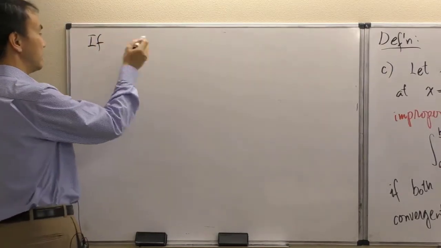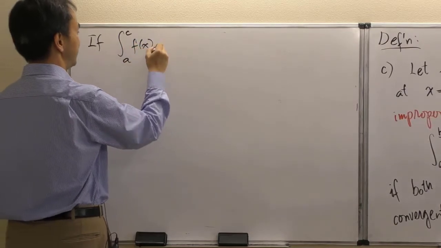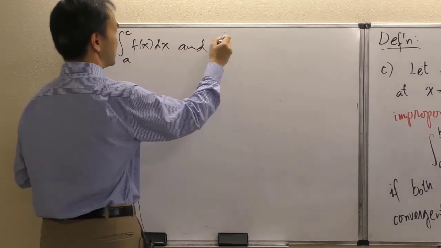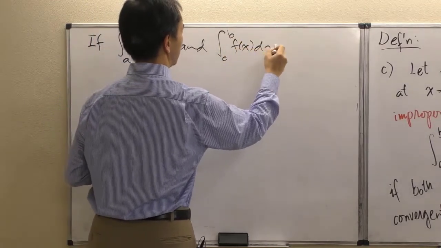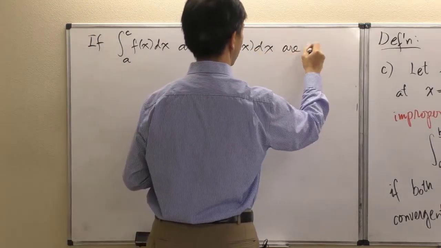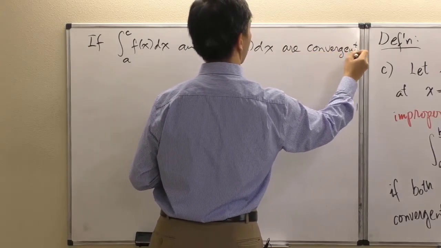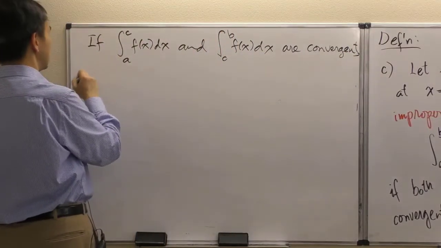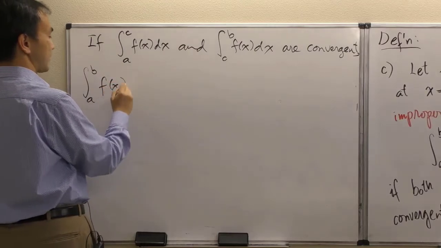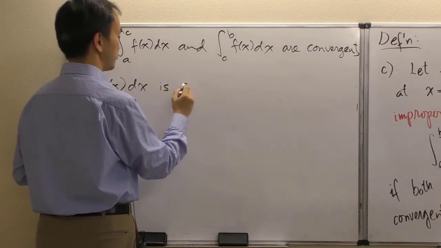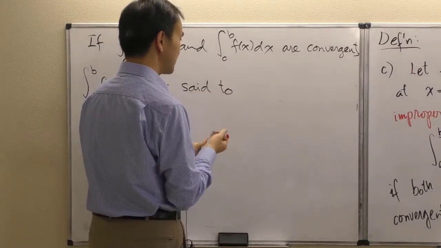And then, if the two integrals from a to c and from c to b, if both of those are convergent, okay, then the integral from a to b is said to be, just like the earlier definition, convergent as well.